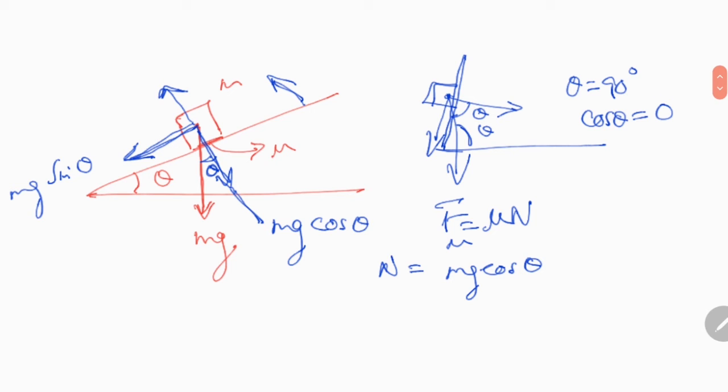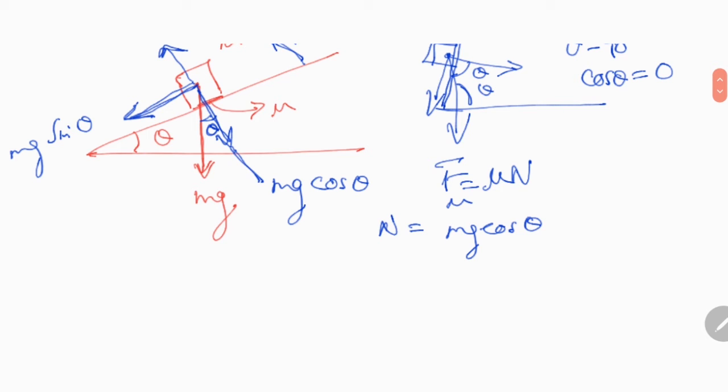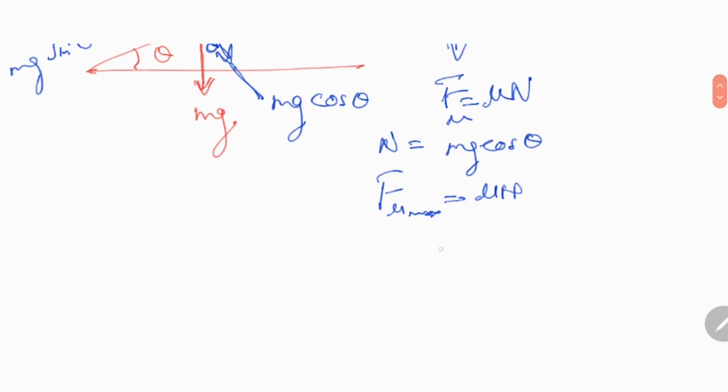You can see it very clearly here. And therefore, what is the maximum frictional force exerted in this particular scenario? F mu max will be equal to mu n, and that will be equal to mu mg cos theta.